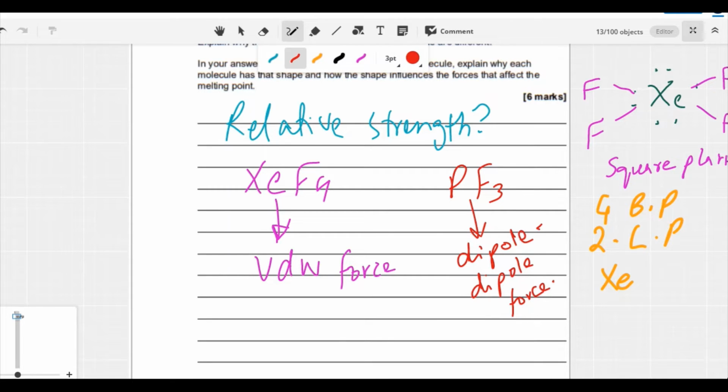Now, if xenon tetrafluoride contains van der Waals force and PF3 contains dipole force, as we know the dipole force is stronger than van der Waals force, so PF3 should have a higher melting point than xenon tetrafluoride.